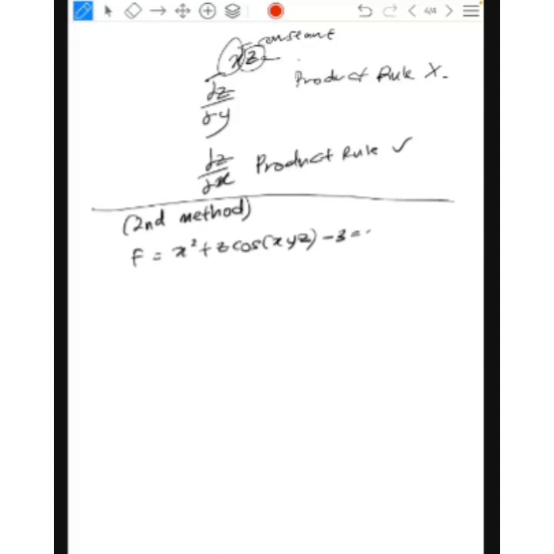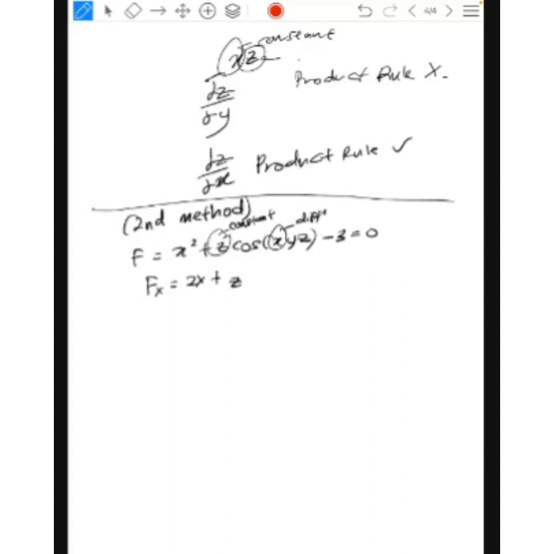Okay, tadi kita cari apa del z del x. So del z del x adalah fx and fz. So fx equals to 2x plus x saja. So z ni constant. So z x is here. This is constant, become constant. So this is to differentiate.